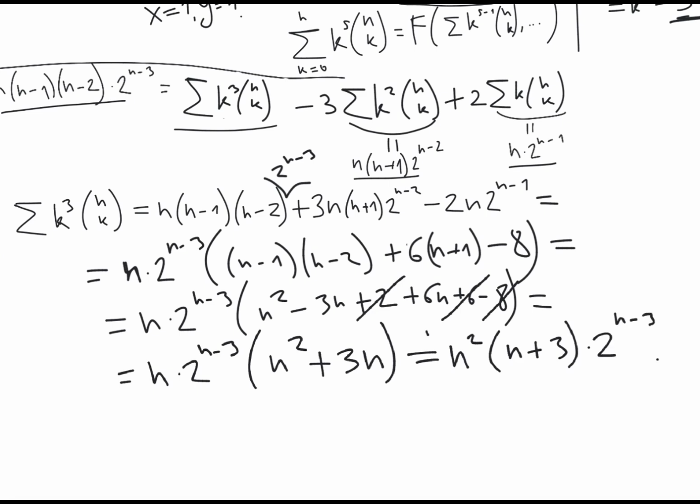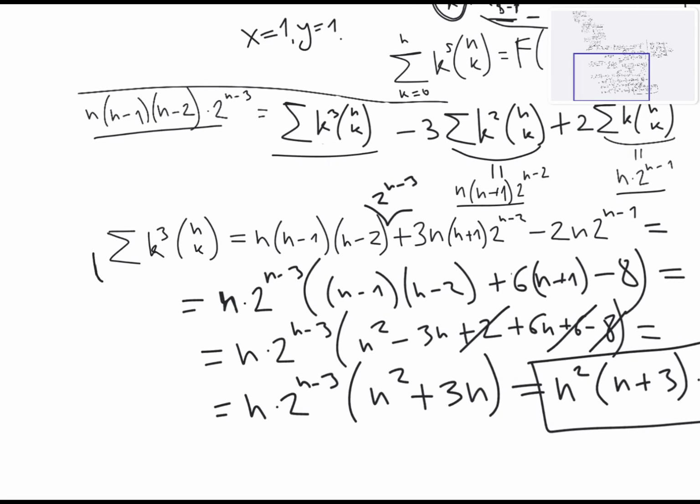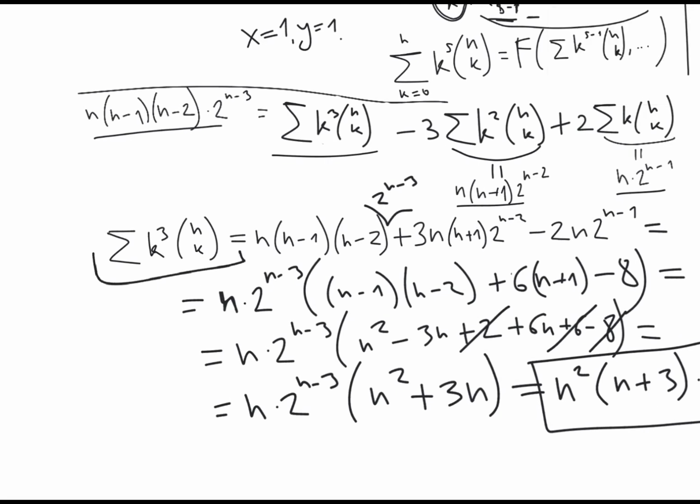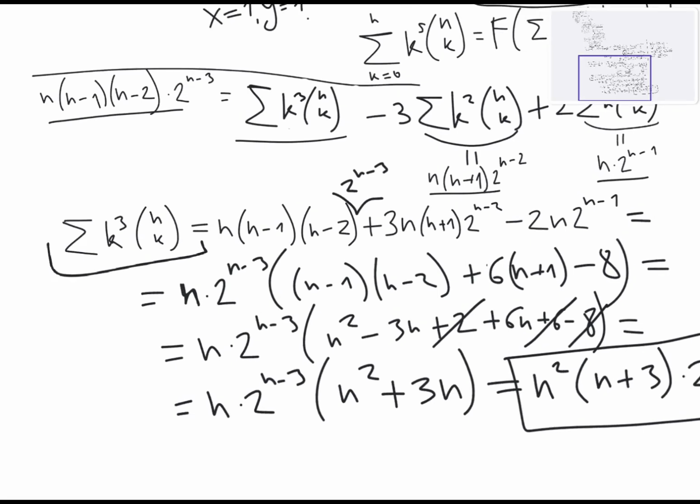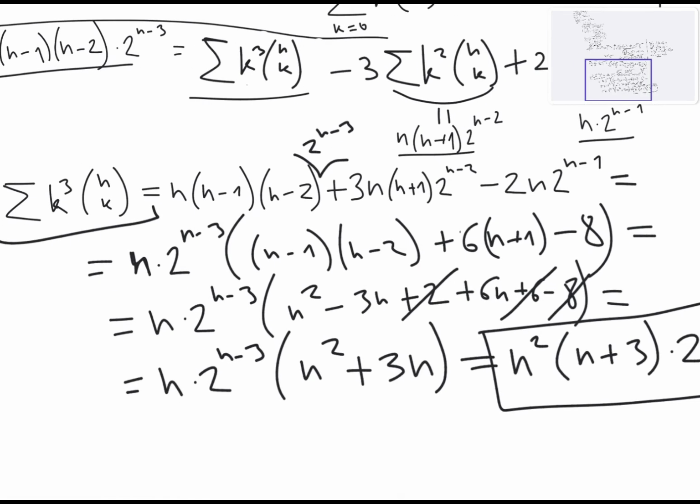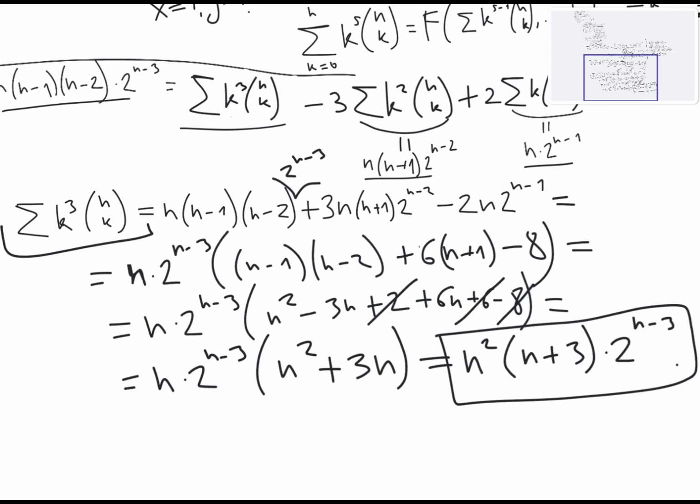So this is the answer for this sum with k cubed. And in a similar way we can calculate for k to the power 4 and so on. So this is the method. I don't know the general formula and if it even exists, but this is the way to calculate it iteratively using a recurrent relation.